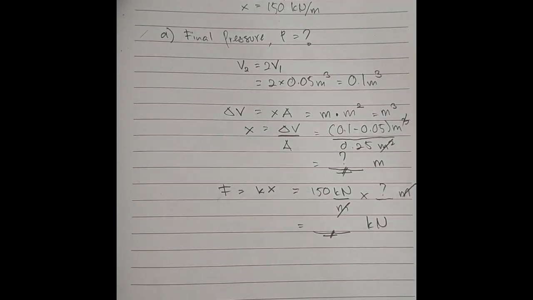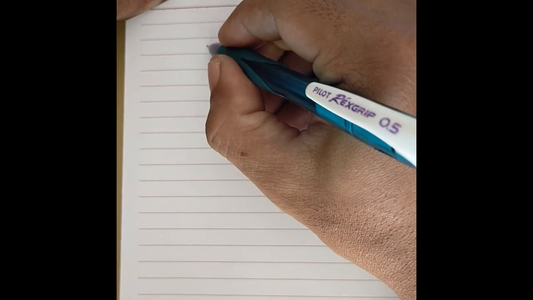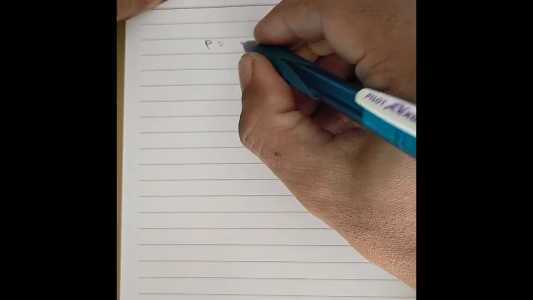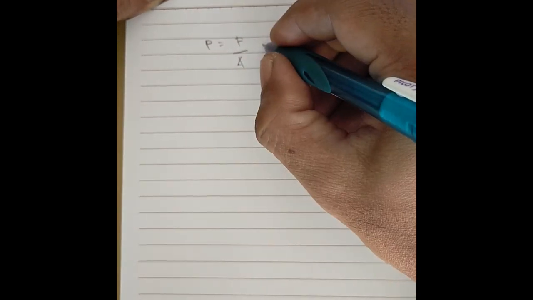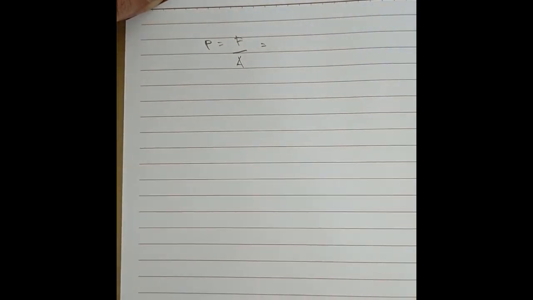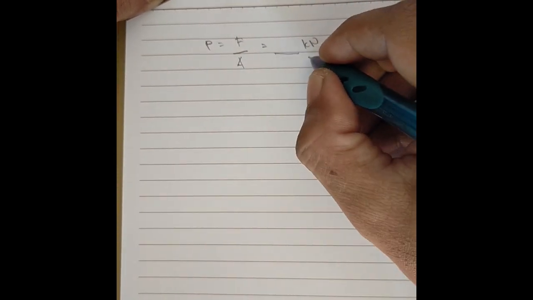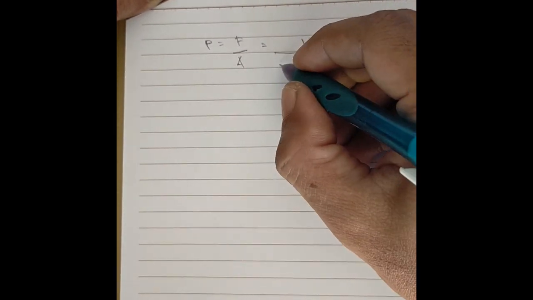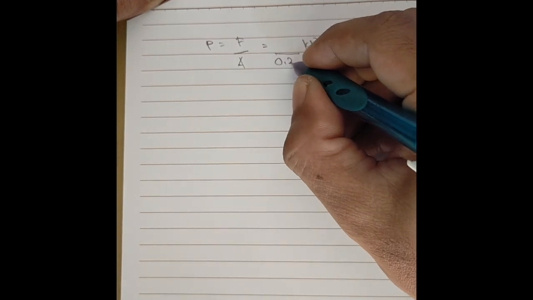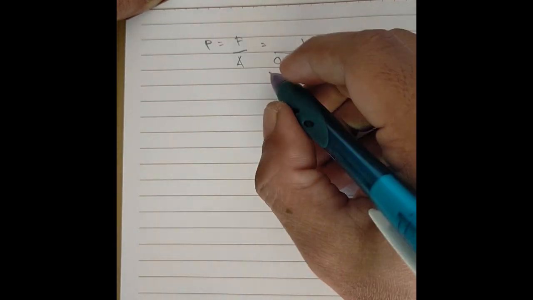Okay, and the pressure P is force divided by area. So your force, kilonewton, divided by area, meter square. So what is your area? The initial area, this value you calculated before.